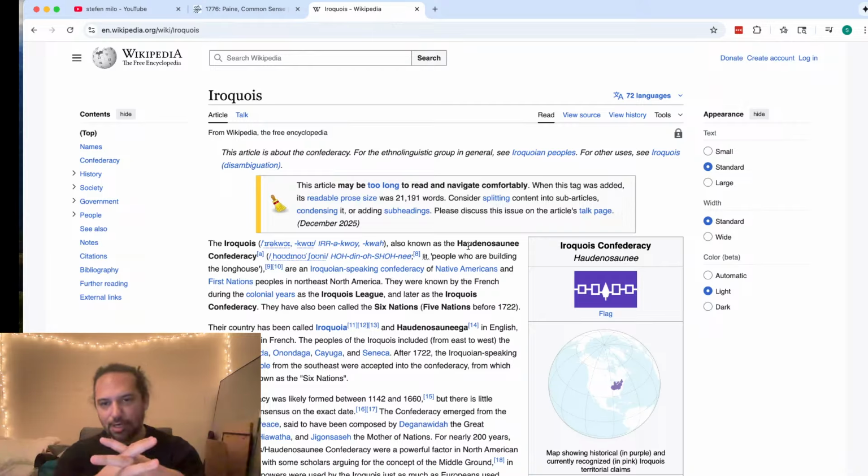And the key distinction here is encapsulated in Thomas Paine's Common Sense, the removal of the king. Because it's a confederacy, there is no king. So, yes. Very good point. Very good point.